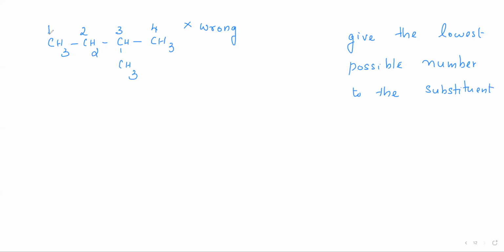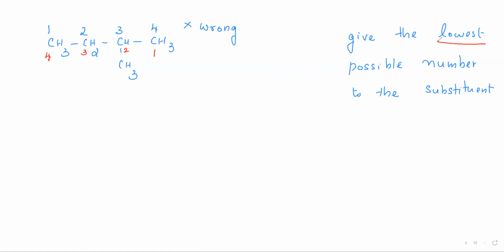meaning when I move from left to right, the methyl was on the third position. But if I number it the other way, call this as 1, and this 2, this 3, and this 4. The same methyl is now on the second position.